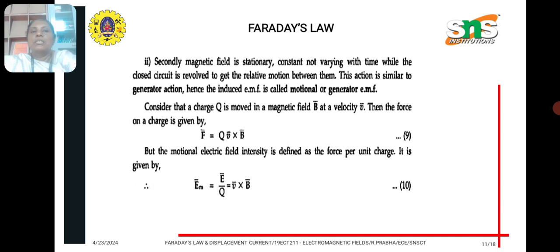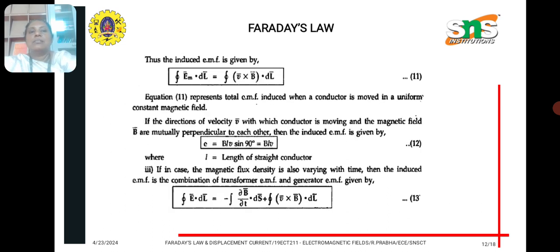And the force is taken as F, and it is given by F is equal to Q V cross B. Here Q is the charge, V is the velocity, B is the magnetic flux density. So the motional electric field intensity is defined as force per unit charge, and it is given by E_m is equal to F by Q. So by dividing by Q, the motional electric field intensity is V cross B. V is velocity, B flux density.